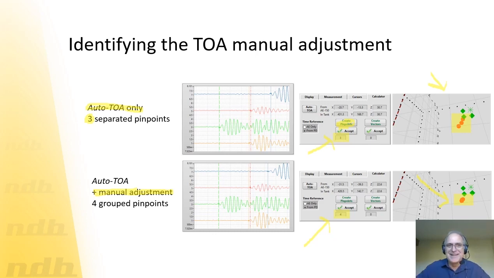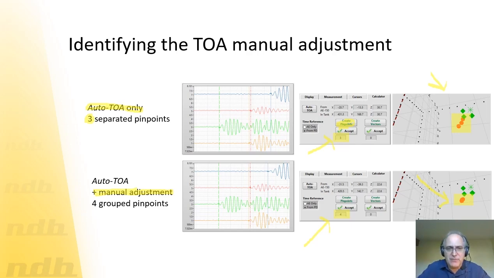So this is a real case where the auto TOA was good. It gave me, let's say, 90% of the job, but the remaining 10% relies on me, on my eyes, on my judgment to adjust just a little bit the time of arrival.